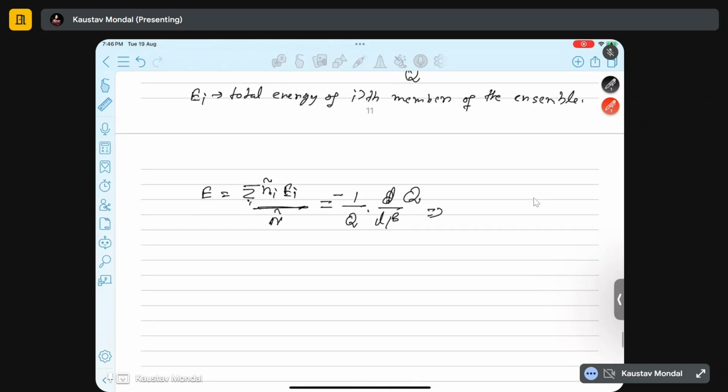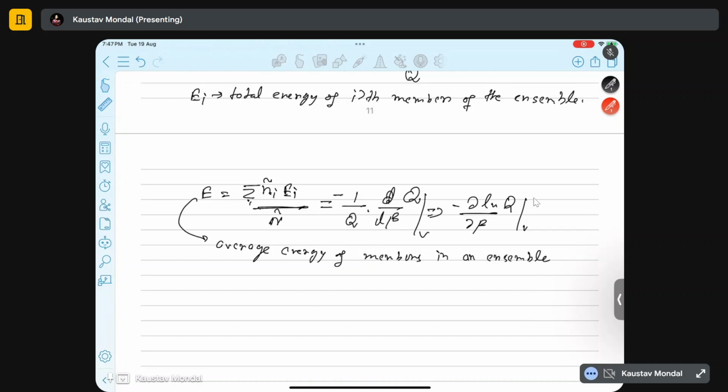Also, minus is there. Del beta of ln Q at constant volume. Okay, so this is the expression of the average energy of each of the members in the ensemble.